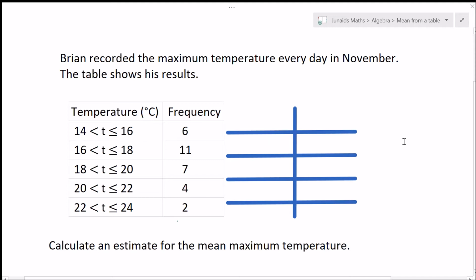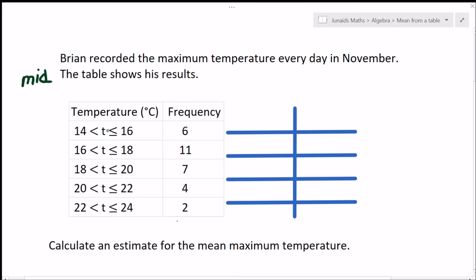The first step, and most of the time if you see grouped data, that data is written down with inequalities, you can straight away go ahead and find the midpoint. So our first step is going to be to find the midpoint.